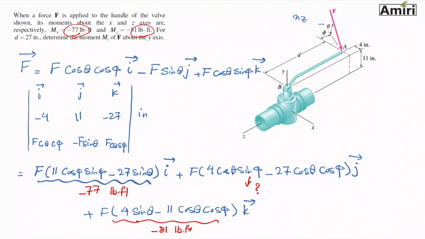Because we have cosine theta sine phi and cosine theta cosine phi, we have to find these two from the other two equations. You see, cosine theta cosine phi and cosine theta sine phi are showing up in the other two equations.